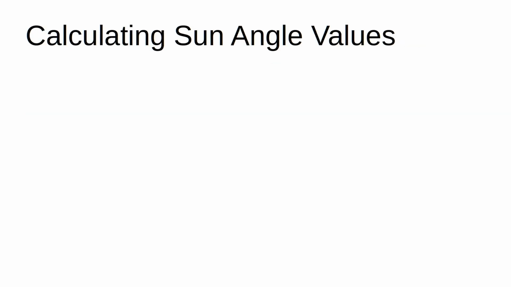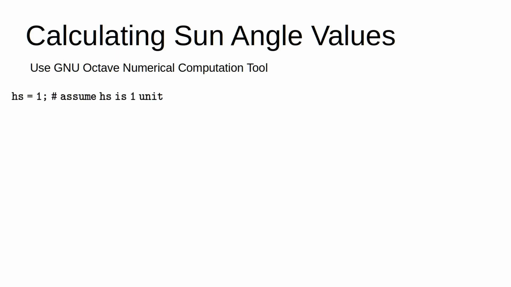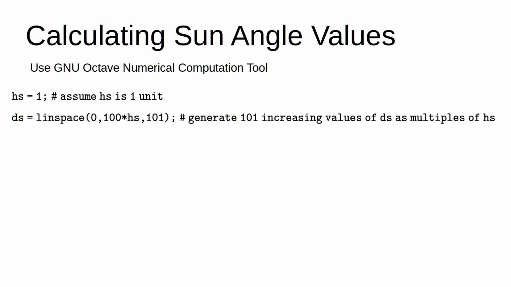In order to calculate a set of values for theta, we are going to use the GNU Octave numerical computation tool. The first thing we need for our computations is a value for hs. What we're going to do in this analysis is assume that hs is 1 and generate other quantities from hs. For example, we use this Octave function to generate 101 values between 0 and 100 times hs.